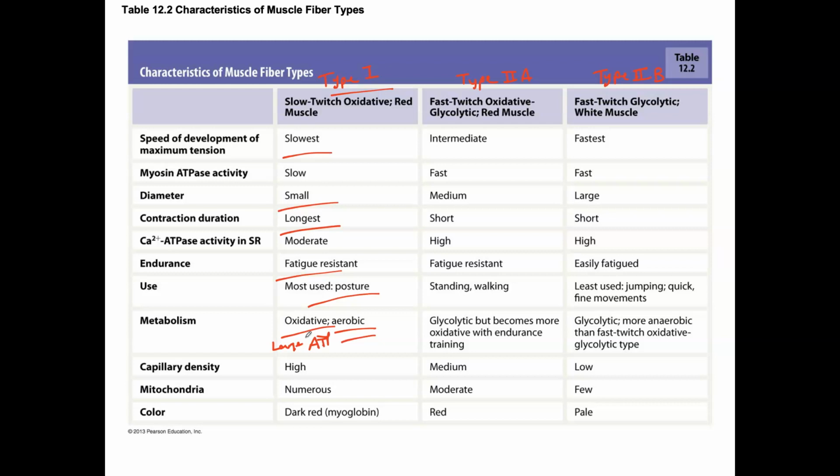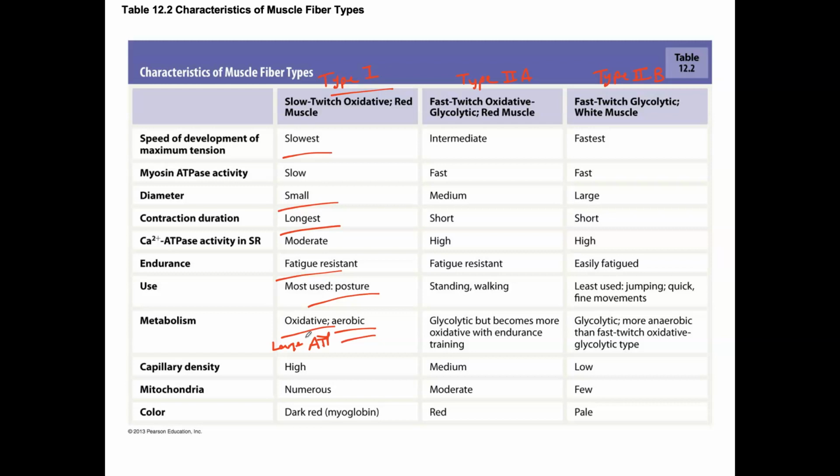So this would be good for long distance runners, cyclists, soccer players, individuals that need long duration of muscle activity without going into heavy anaerobic metabolism and causing those muscle cells to fatigue too rapidly.